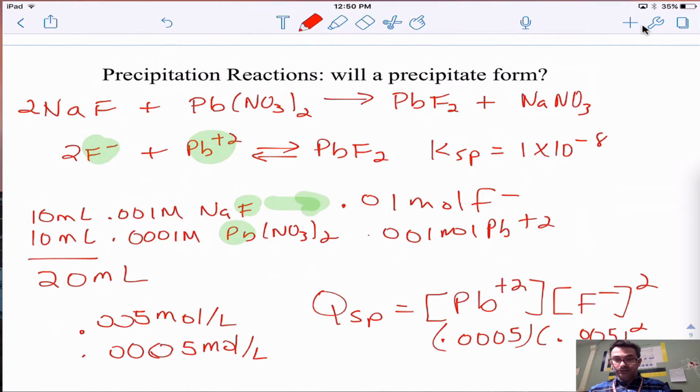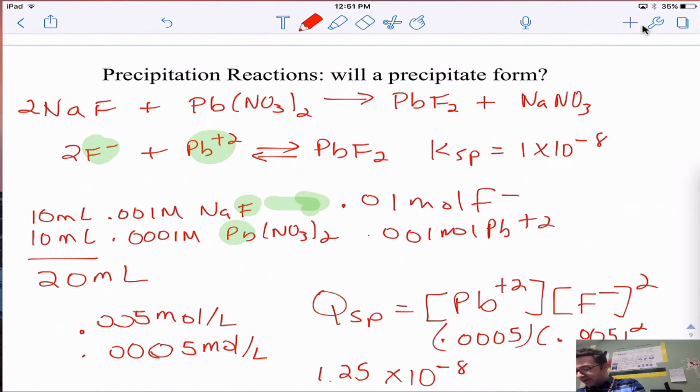Going ahead and doing 0.0005 times 0.005 squared, we are going to get 1.25 times 10 to the negative 8.